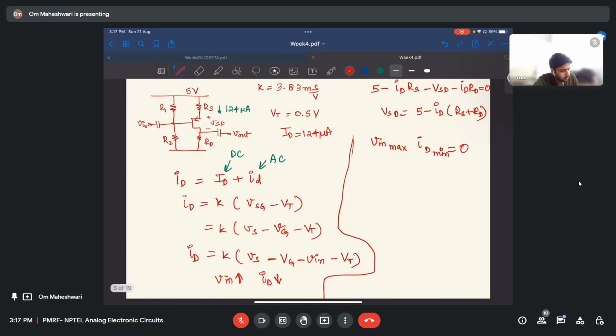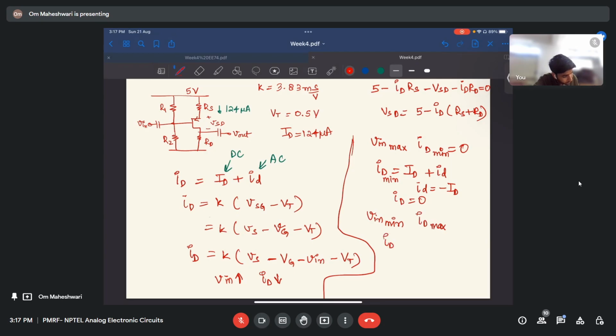So ID equals DC plus AC. To make this total current 0, the small ID should become minus ID, right? So small ID will become minus ID here in this case for minimum. That's why ID equals 0. Now in the maximum case, when V in is minimum, ID will be maximum.